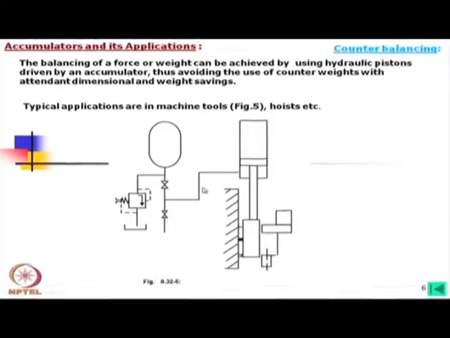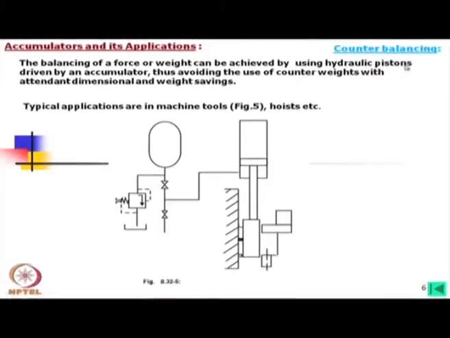Then how it operates: we can run the pump, but when the pump is not running, this oil will prevent the load from falling. In many cases you will find machine tools, particularly, let us consider the drill head, coming down.